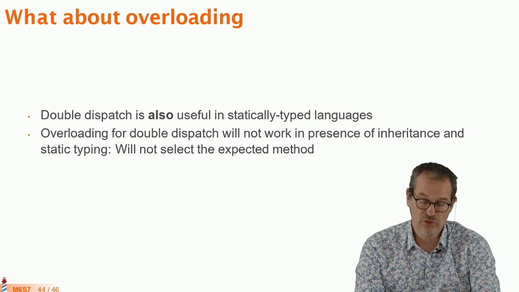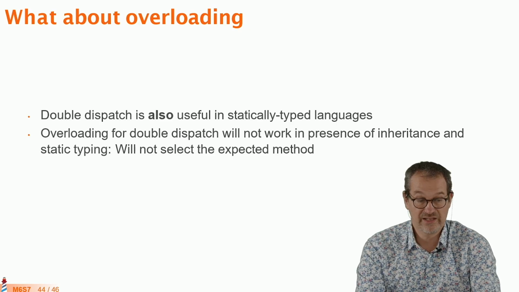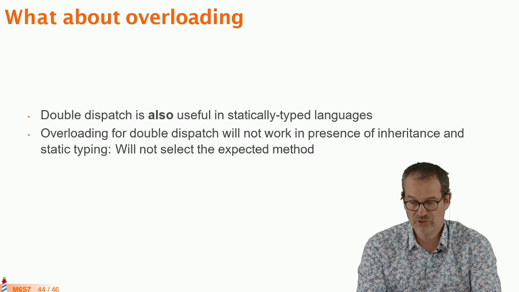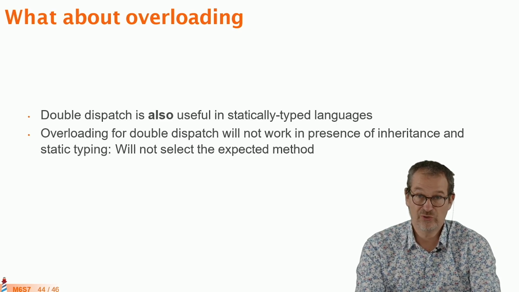So if you use overloading for visitors, you will learn it the hard way, and I think that in any case this is good because you will learn it. But what I know is that I will not use overloading to support double dispatch because it does not work in reality on real cases.